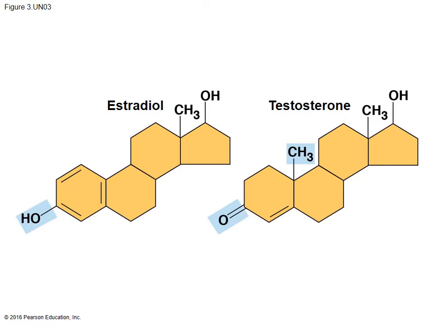What is different are the functional groups. It's these very small areas highlighted in blue that make one of them help a woman become a woman and the other help a man to grow into manhood.